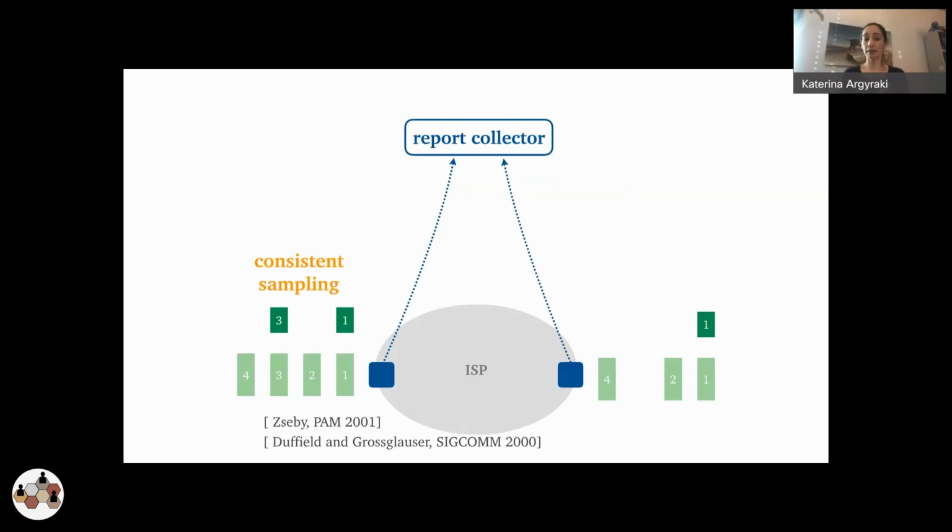Then for each of the sampled packets, it computes a short digest to identify the packet and the timestamp of when it observed this packet, and sends this to the report collector. The report collector puts this together. It can estimate the loss and the delay distribution or even the neutrality that the ISP demonstrates.